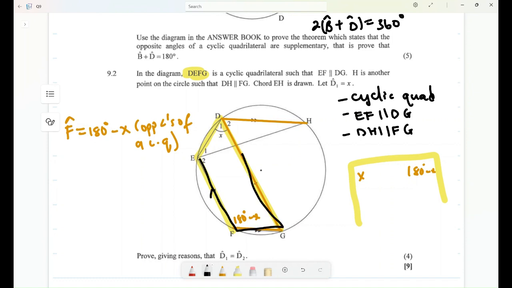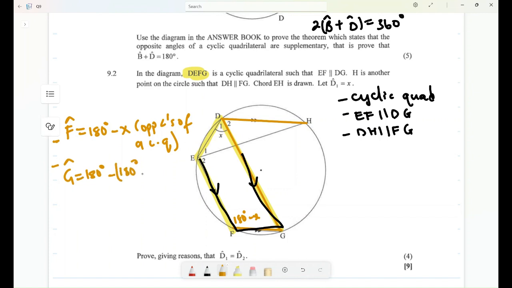These two lines are parallel; we were given that. Using the property, we know that this and this should be equal to 180. So angle G is equal to 180 degrees minus this angle here, which is 180 degrees minus x, which is basically equal to x.